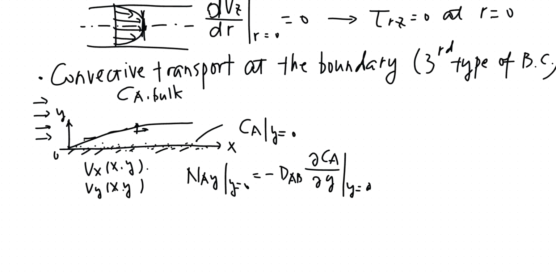So the flux due to diffusion right on the surface, due to conservation of mass, how much you leave from the surface would be the same as how much you leave just one layer above the surface. And this is given by Km, which we will define, times Ca at y equal to 0 minus Ca bulk.